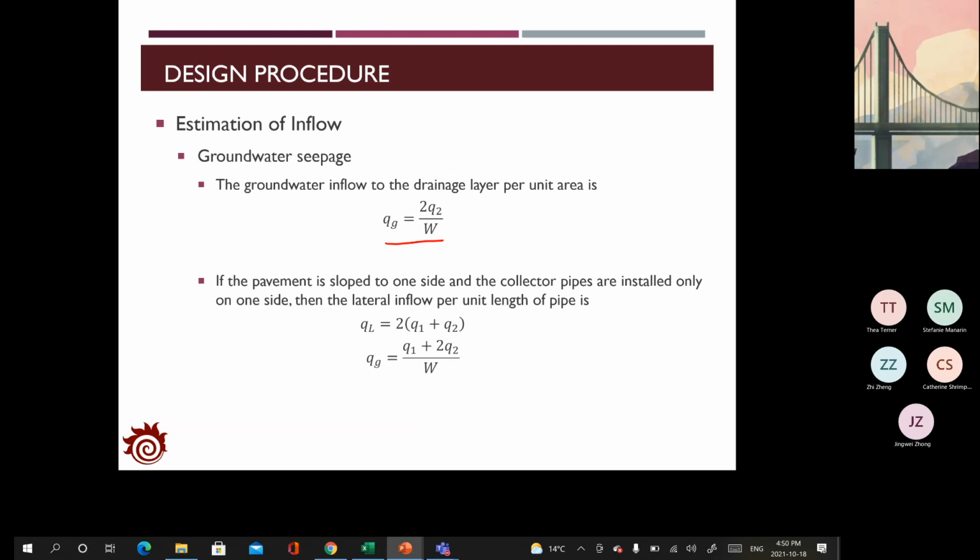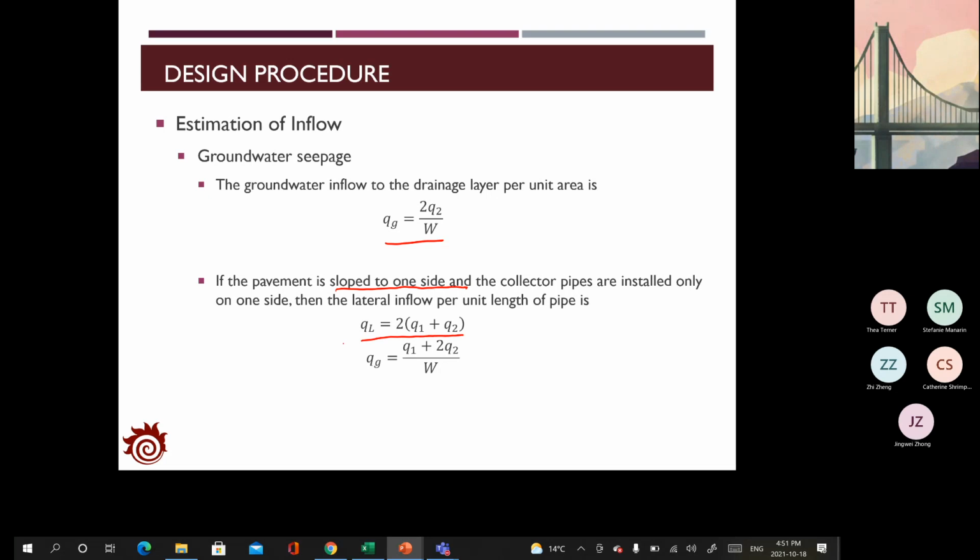And if this pavement is super elevated, which means that it's sloped to one side of the edge, and the collector pipes are installed only on that side, then the lateral flow inflow per unit length of the pipe could be estimated as QL, that is 2 times Q1 plus Q2.